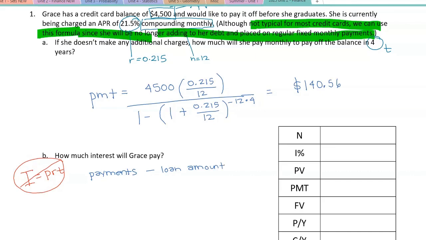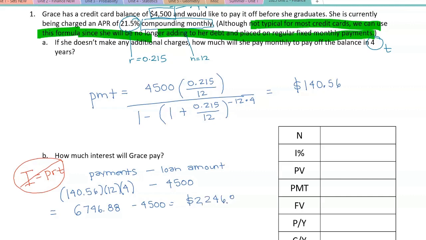All right, so the payments are going to be $140.56 paid every month for 4 years, minus the loan amount or credit card balance of $4,500. This will equal $6,746.88 minus $4,500. The amount of interest paid will be $2,246.88.